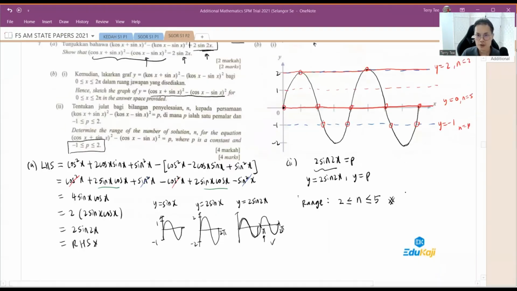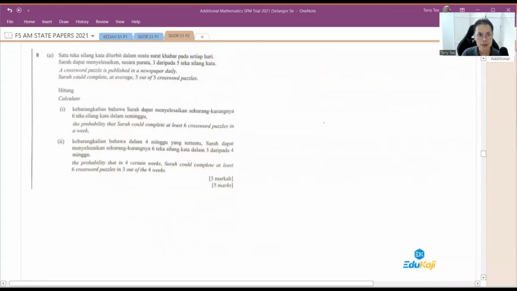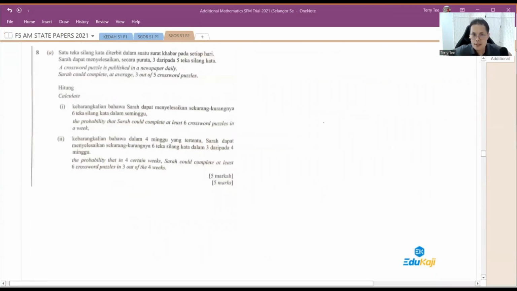Okay, let's move on to question number 8. This is from chapter 5, probability distribution. The first part is actually a binomial distribution. In fact, this is what we call a two-stage binomial, a binomial within a binomial.